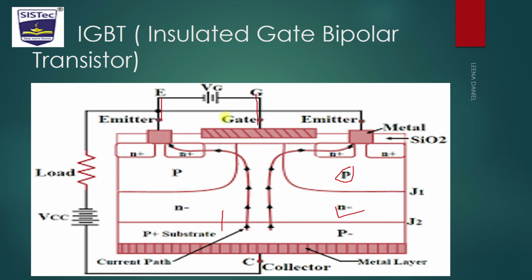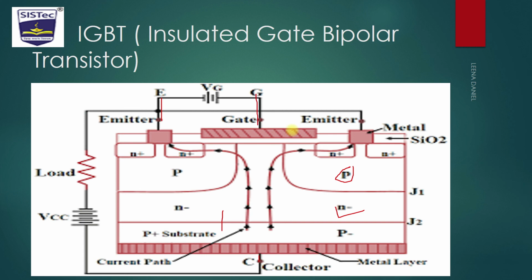So an N channel inversion layer is formed in the upper part of the P region, just beneath the gate. When we give a positive voltage to the gate, the charge carriers flood the body of the IGBT, and current starts to flow from collector to emitter.